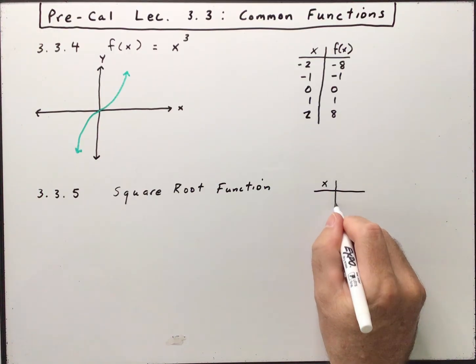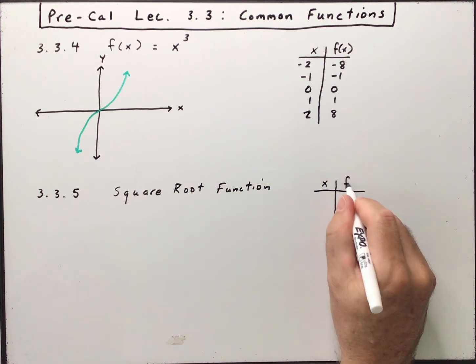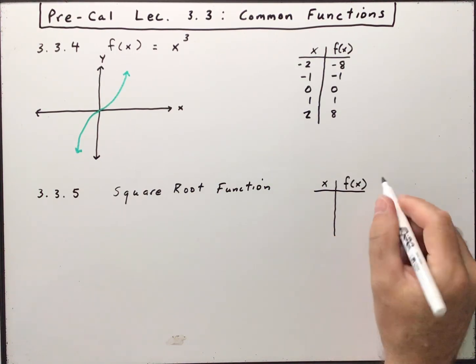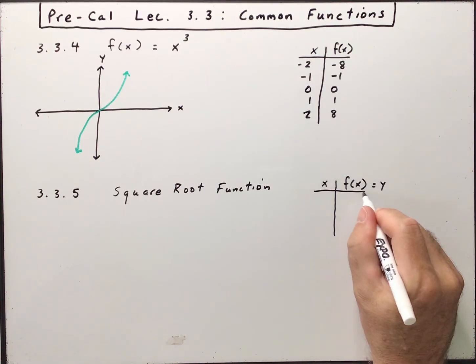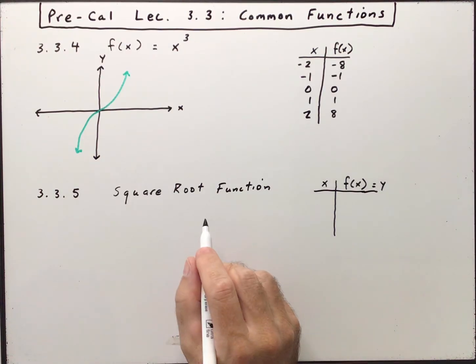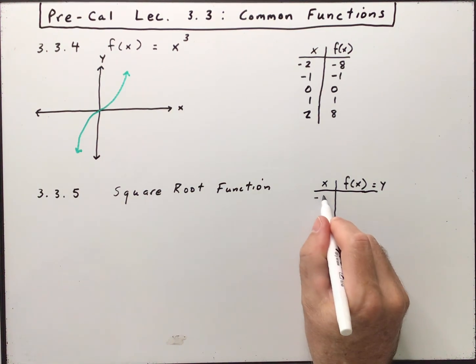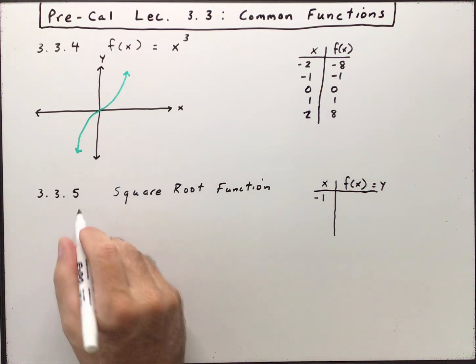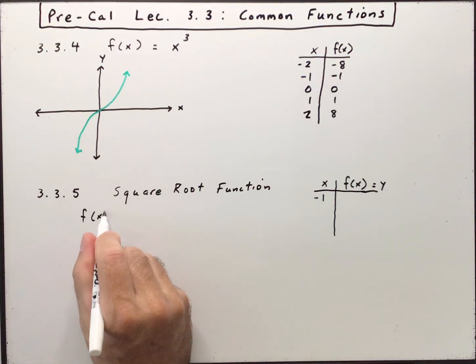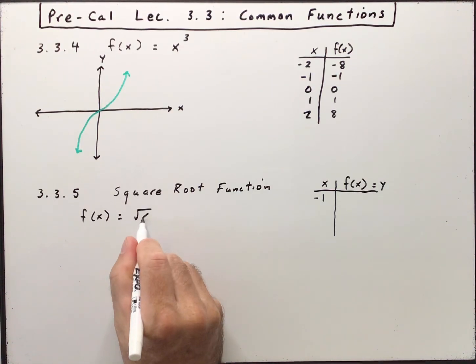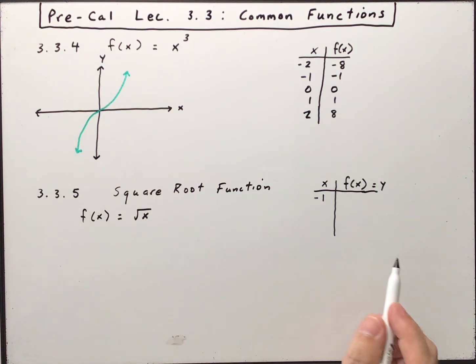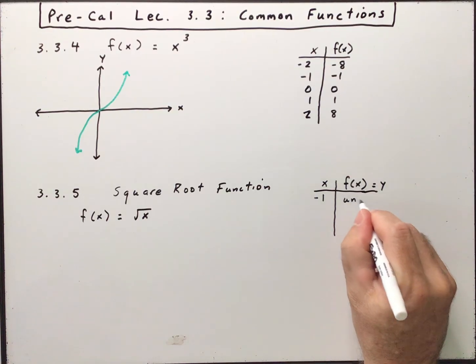All right, let's make a table of values. f of x, remember, f of x is just y. All right, let's say we have negative 1. Well, this is f of x is equal to the square root of x. If you take the square root of negative 1, that's undefined.